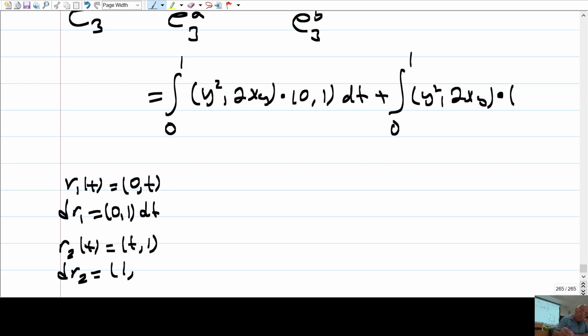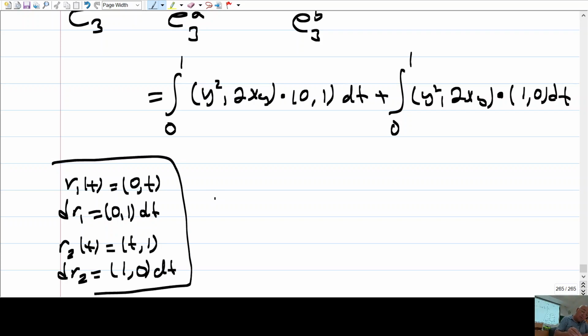It is (1, 0) dt, right? You just take the derivative. But here I have to also plug in x and y correctly.